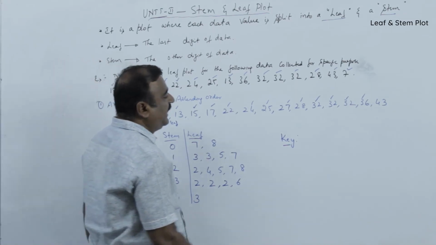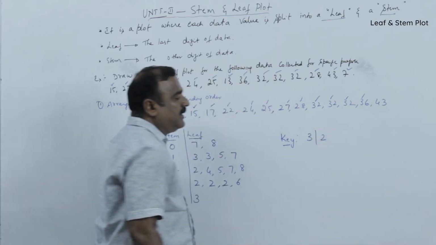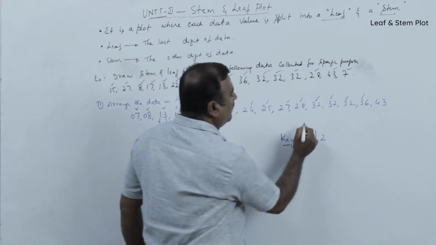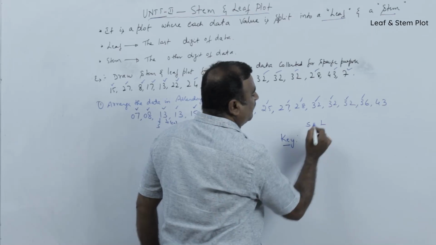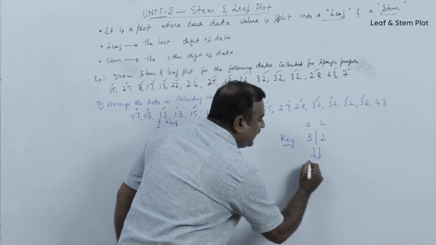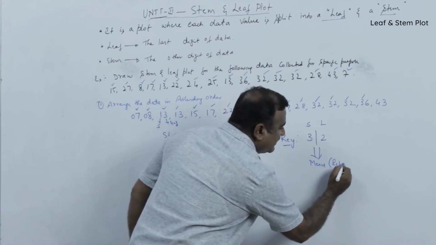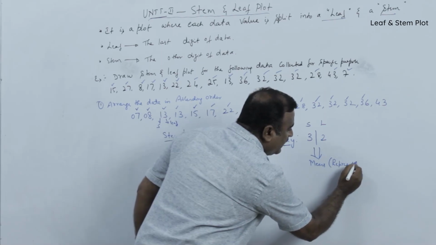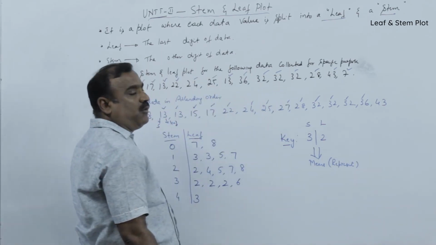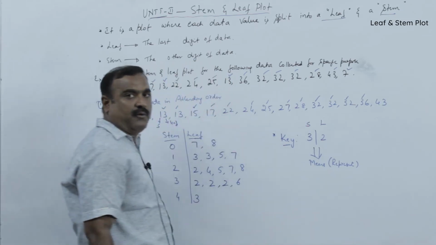For example, if I take 32 like this, what does this mean? This is in the form of a stem and this is the leaf. What it represents, how I have to read it, is very important. The key tells how you have to read it.